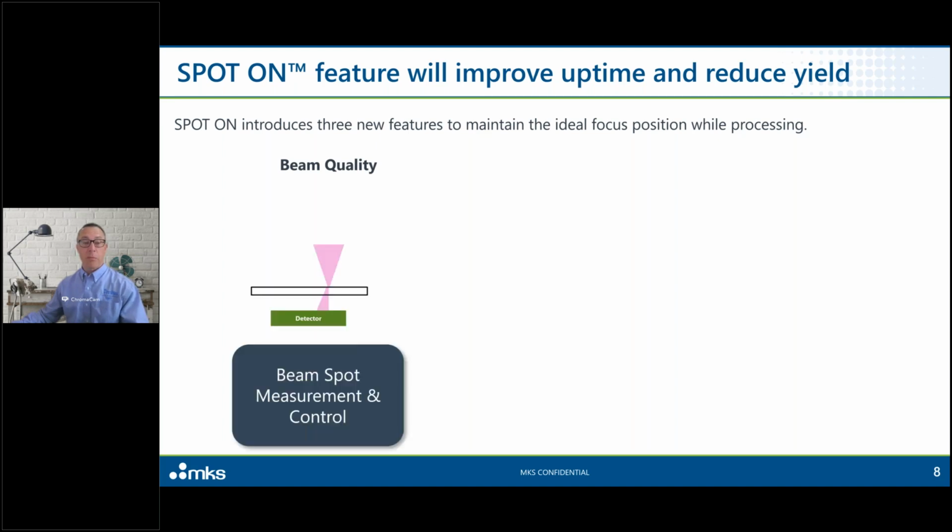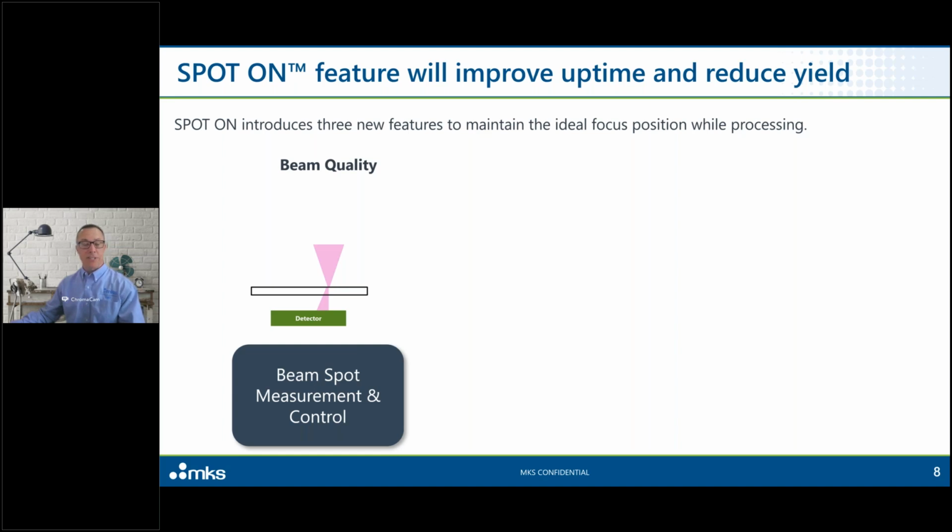So we are now able with Spot On to automatically measure and calibrate the quality of the beam. So that certainly gives us a big advantage of knowing the spot characteristics. So things like circularity are measured over time and collected, and then the calibration itself is also done on a routine schedule, and that schedule can be set by the customer.